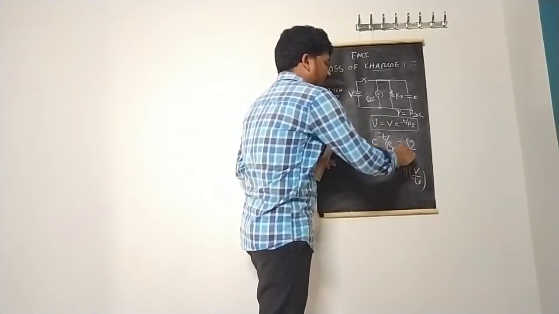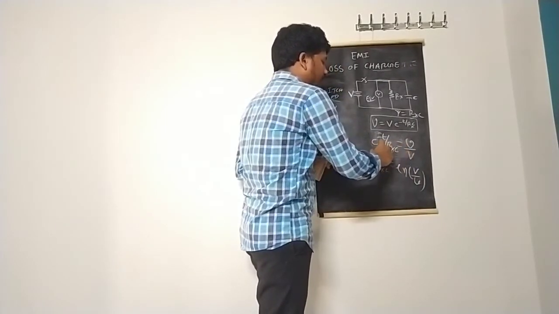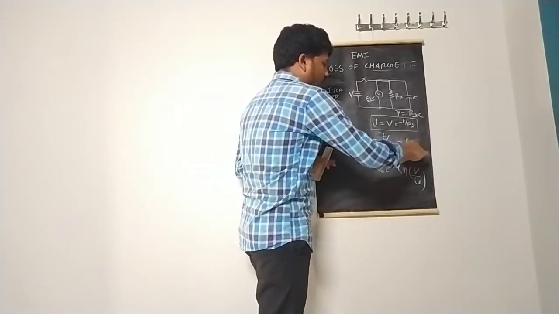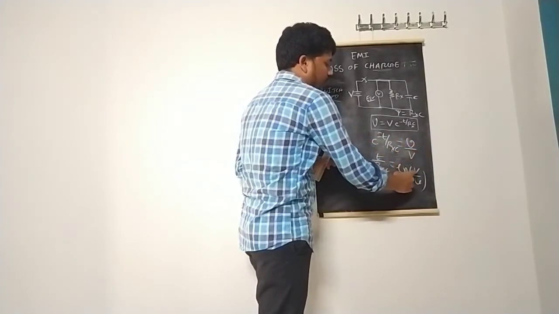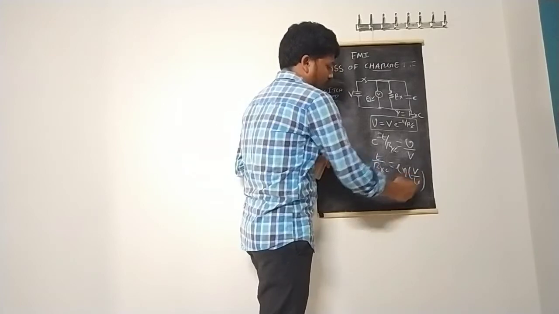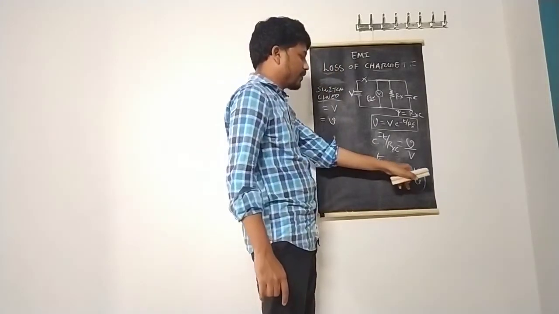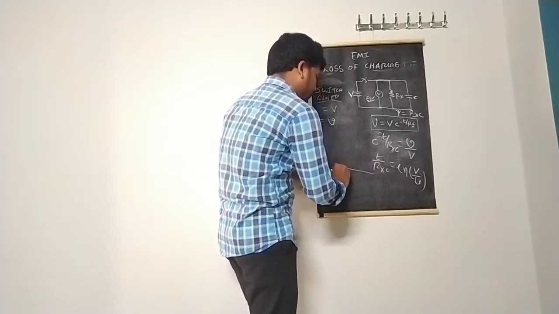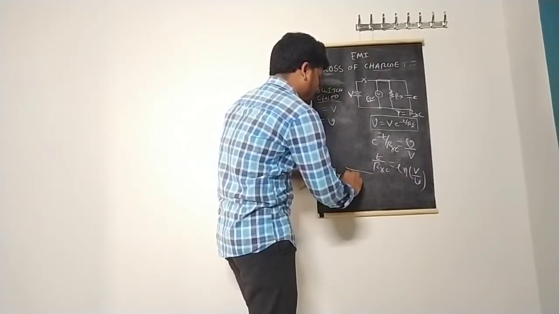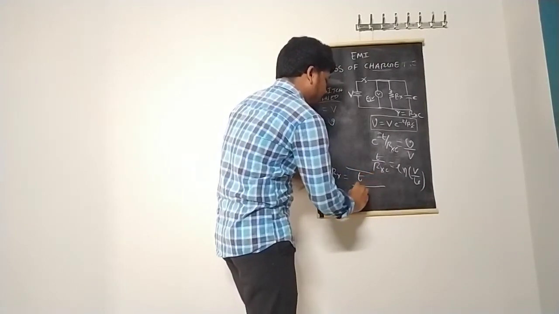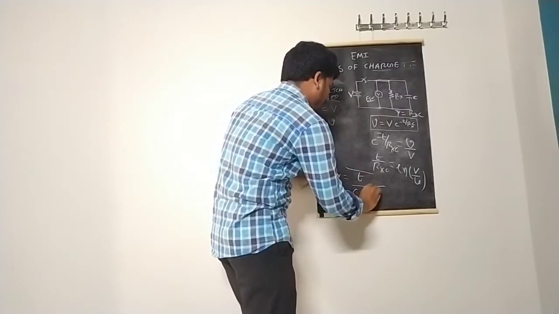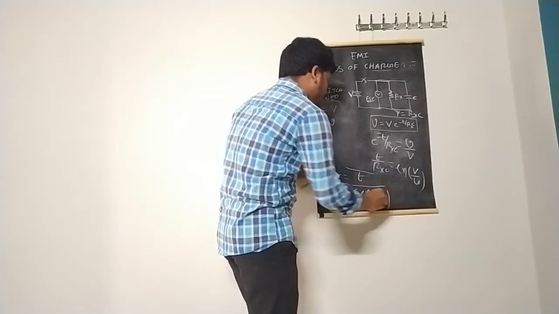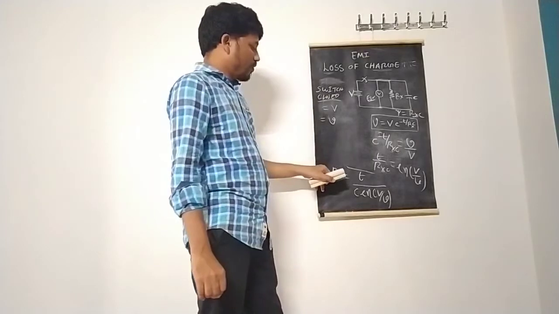Because e moves to the other side, the exponential becomes ln, and the minus becomes plus, so 1 by v by V is written as ln of capital V by small v. From this expression we get Rx is equal to t by C into ln of capital V by small v. So this is the unknown value of resistance.